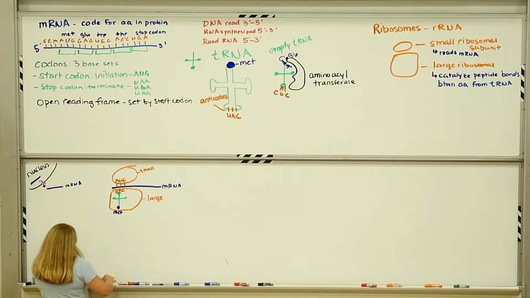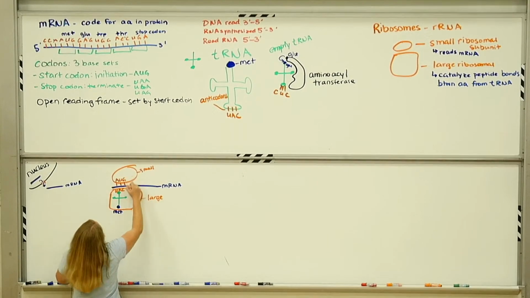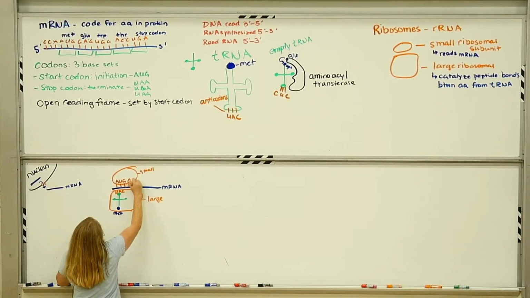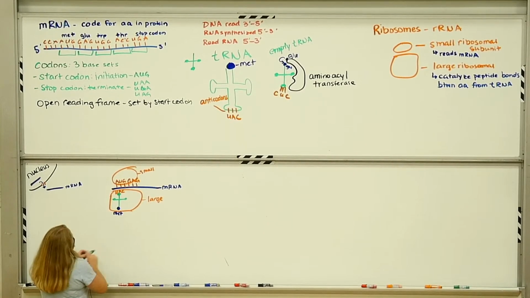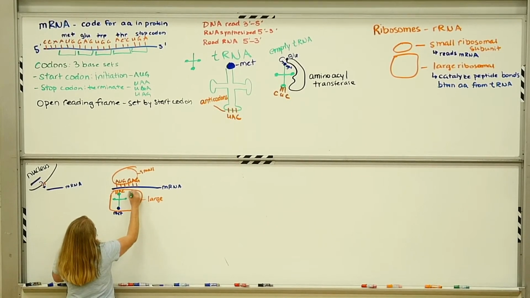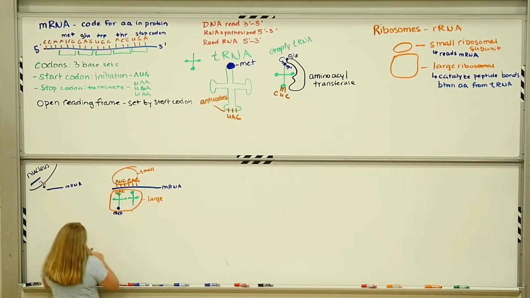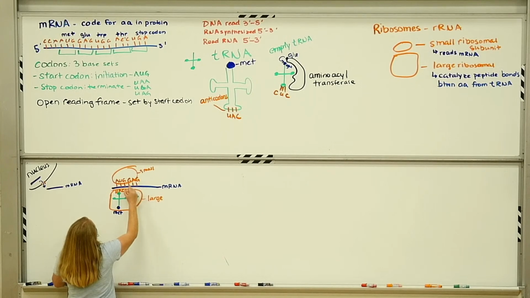Okay, we said the next set of bases on our example here were GAG. So the next tRNA that's going to be able to come in and bind is going to have an anticodon of CUC.